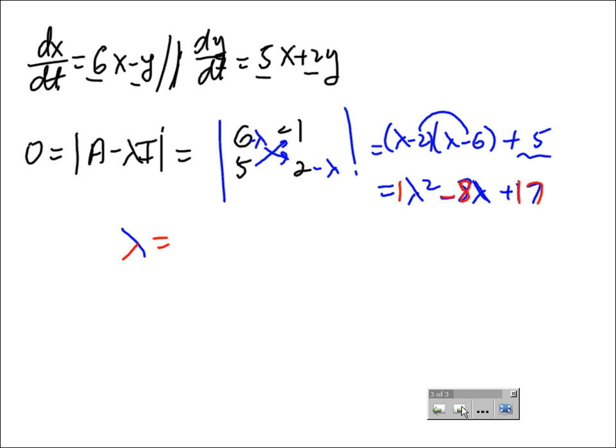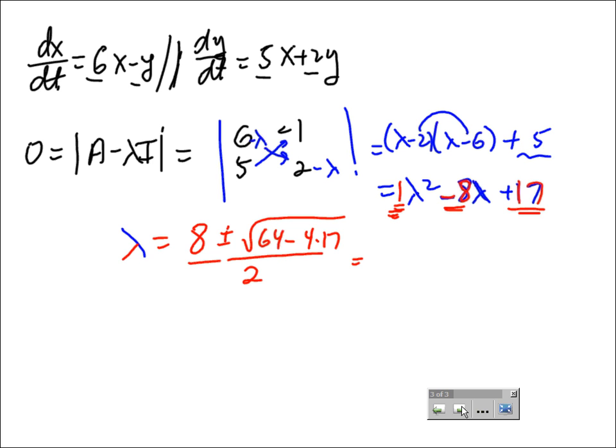So lambda is negative B plus or minus the square root of B squared. You square that, you get 64, minus 4 times 1 times 17, all over 2 times 1, which is 2. We have 8 plus or minus the square root of 64 minus 68, over 2. But 64 minus 68 is negative 4.